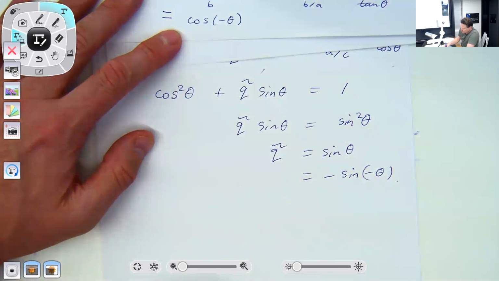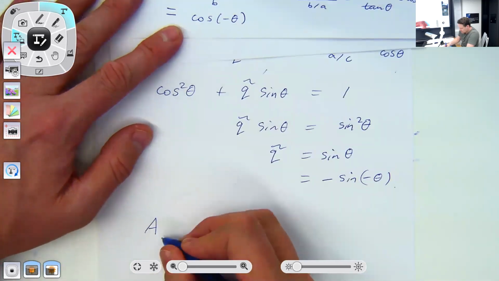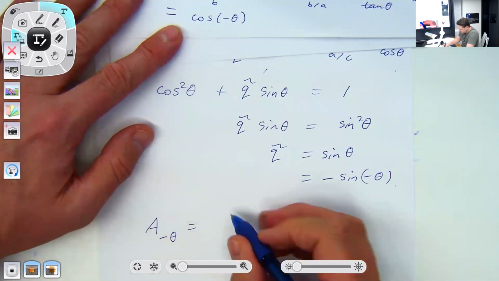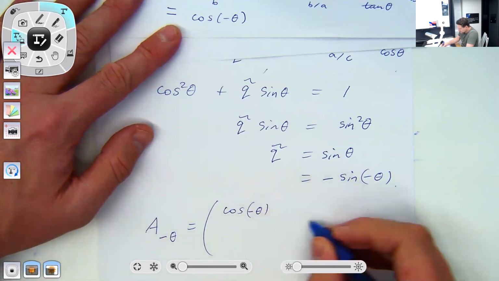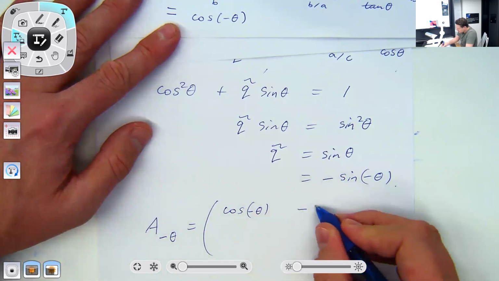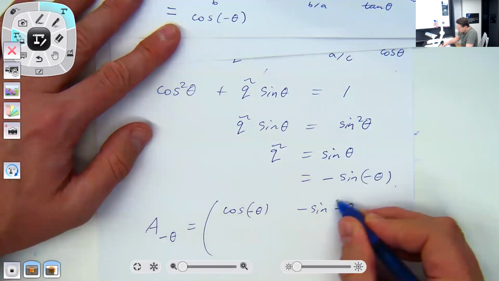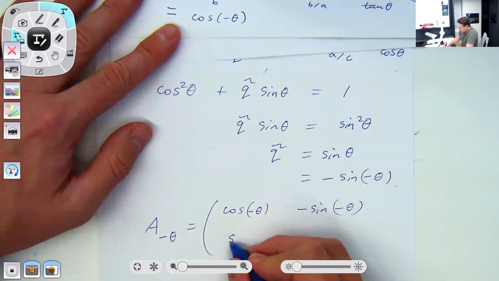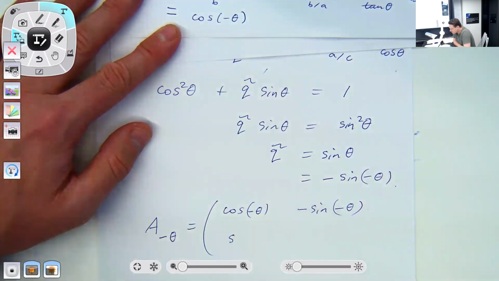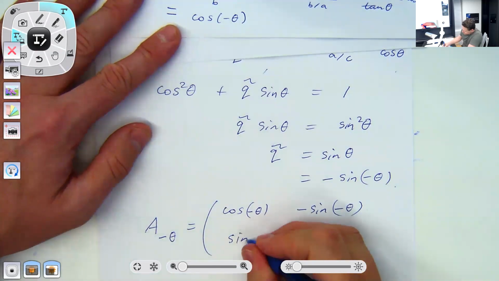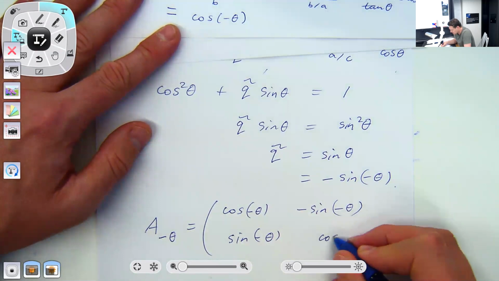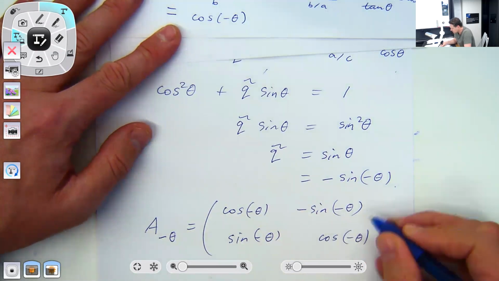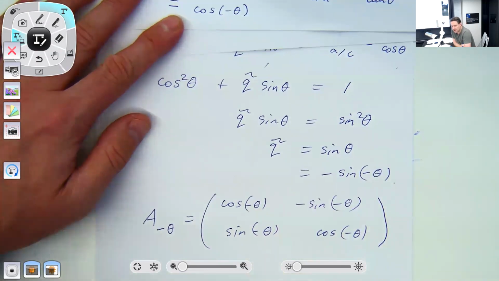Okay, great. So what we deduce then is that A minus theta is equal to cos of minus theta, minus sine of minus theta, hang on. Yeah, sine of minus theta and then cos of minus theta. Okay, great. We're nearly there.